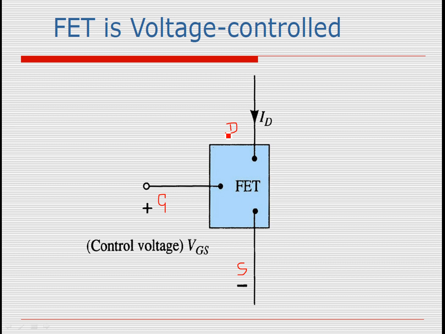That's why this device is called a field effect transistor, because the name field effect is derived from the fact that the output current flow, that is ID, is controlled by an electric field set up in the device by an externally applied voltage between the gate and source. Hence the name is field effect transistor.